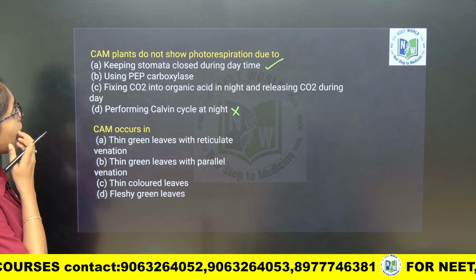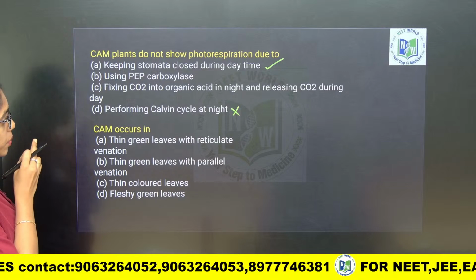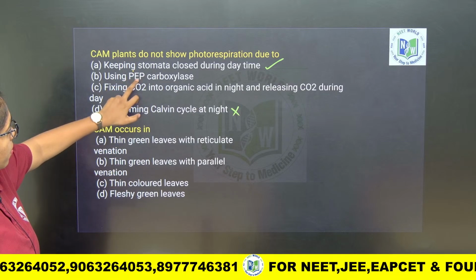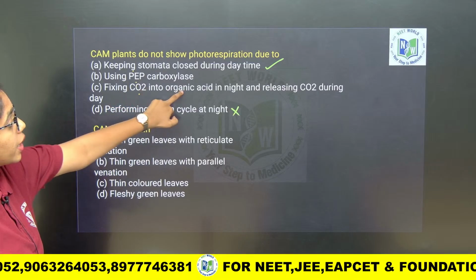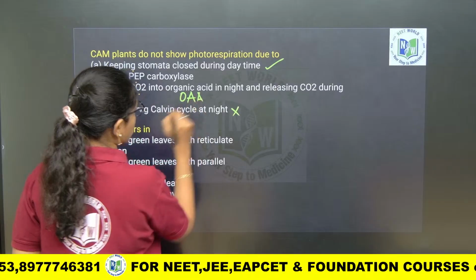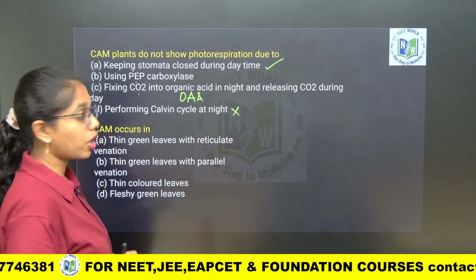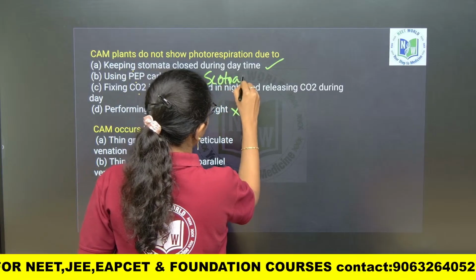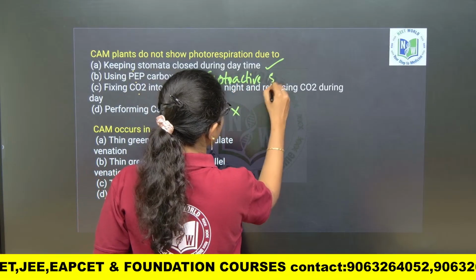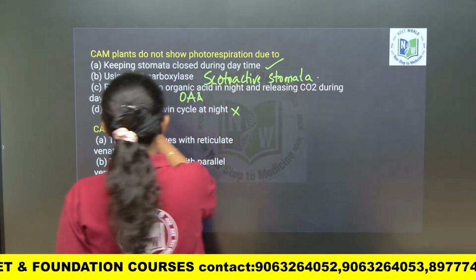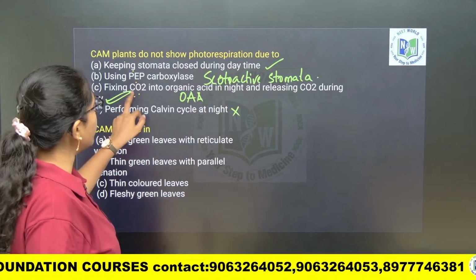So here CAM plants do not show photorespiration, that is because of fixing carbon dioxide into organic acid, that is oxaloacetic acid, in the night time because of scotoactive stomata, and releasing carbon dioxide during daytime. This will be correct.